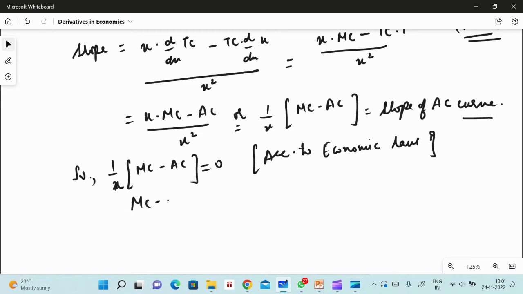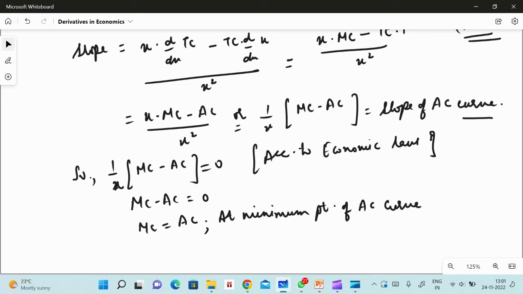So if we do this, then we will get MC minus AC equals to 0, or we can say that MC is equal to AC, right? So at the minimum point of the AC curve, the average cost curve, right? Clear? So this shows the relationship of average cost and marginal cost.